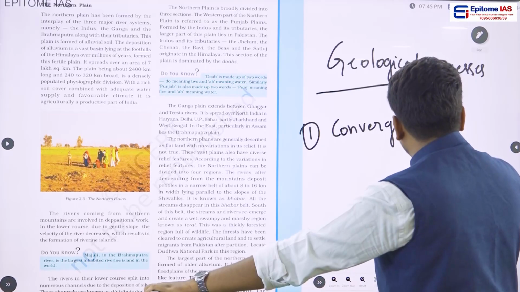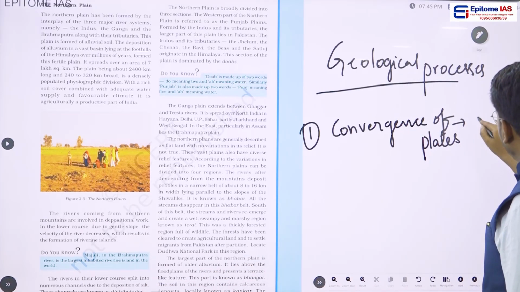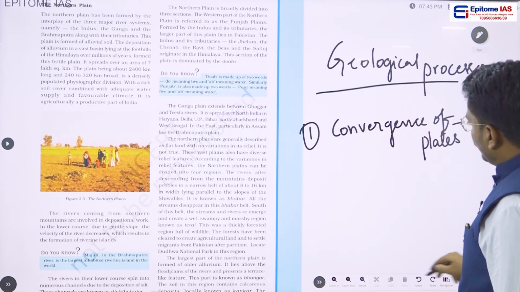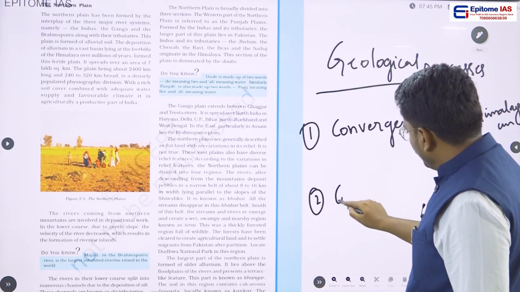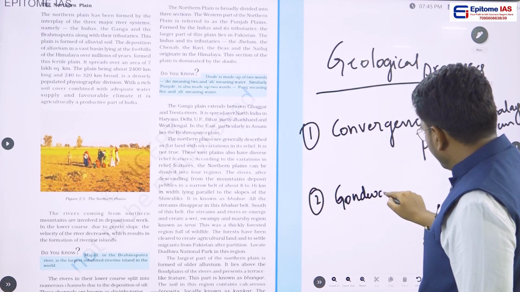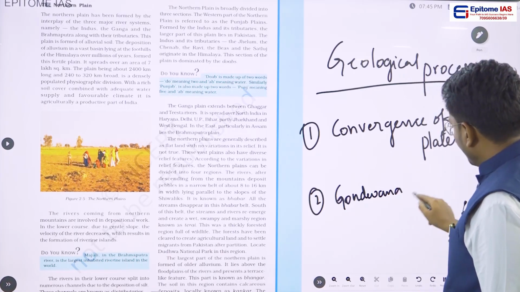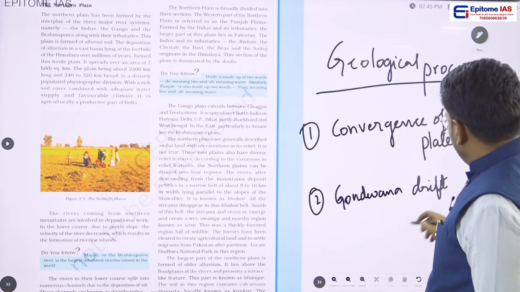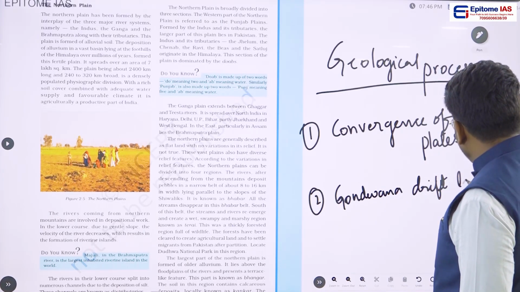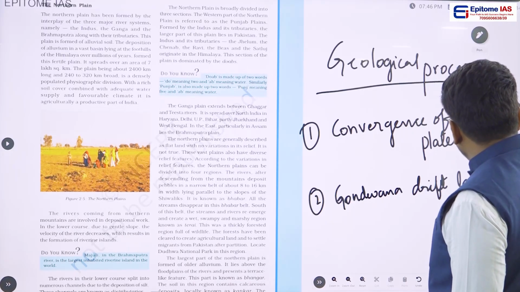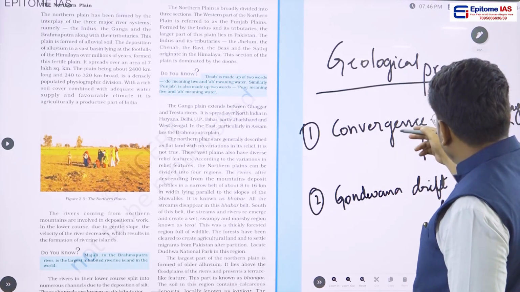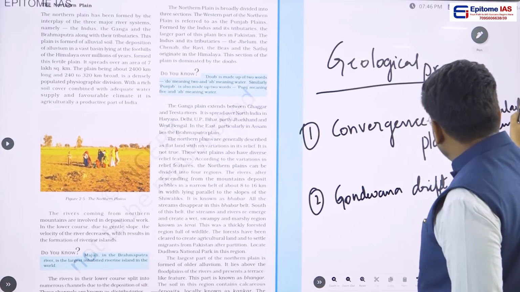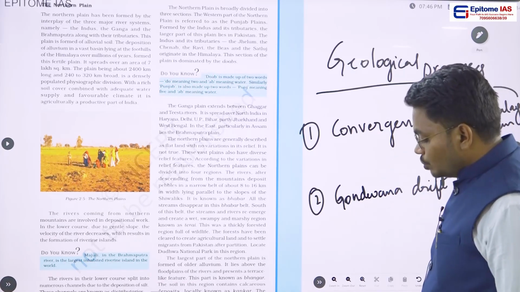Because of convergence of plates, we have seen the Himalayan mountain formations. Because of the drifting of Gondwana land, it resulted in the convergence of the two plates, the Indian plate as well as the Eurasian plate. We understood that the Himalayan mountains were formed because of these two geological processes.